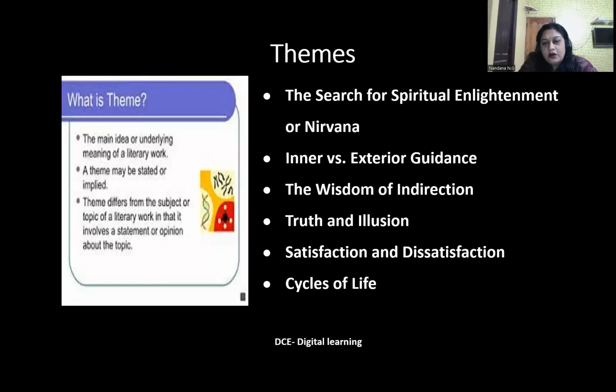The conflict or the difference between truth or satya and illusion or maya is seen. Most of the time, Siddhartha was under the illusion that he was living a truthful life, but at last he realizes that whatever he had believed in was not true, and what he did not expect was actually the truthful element. Satisfaction and dissatisfaction. This again we can see in the course of the characters, the cycles of life. All these themes are reflected in the course of the novel.